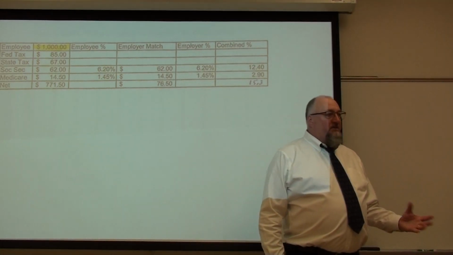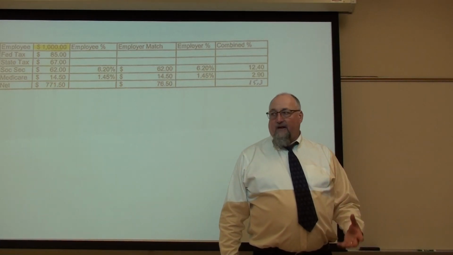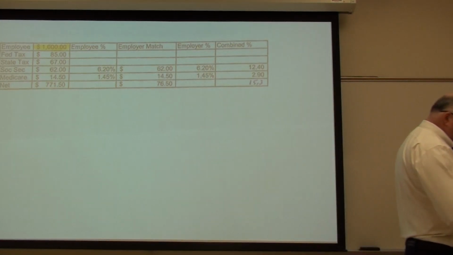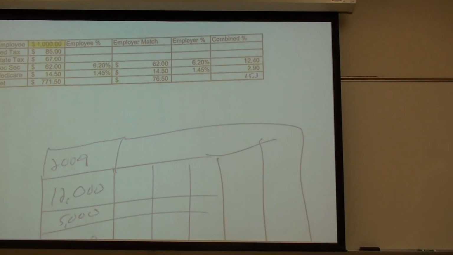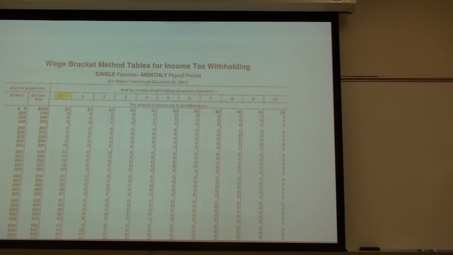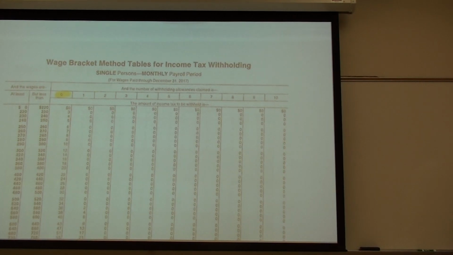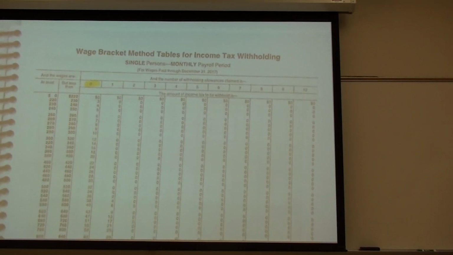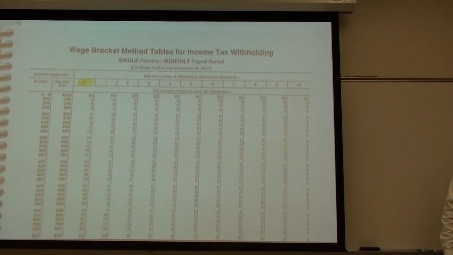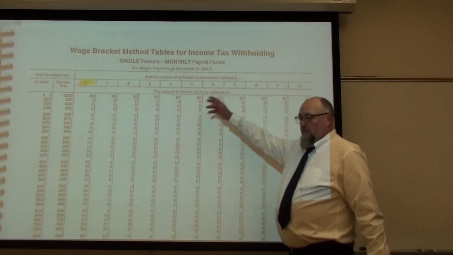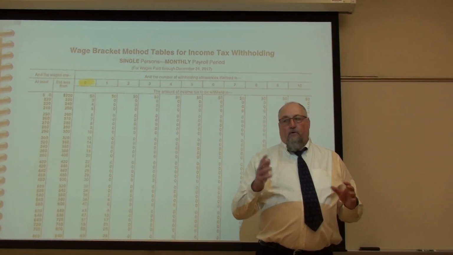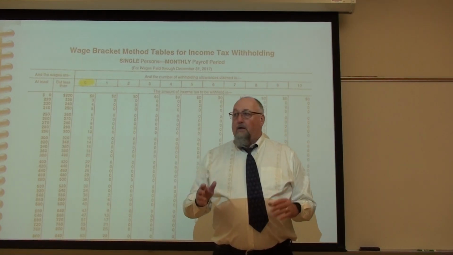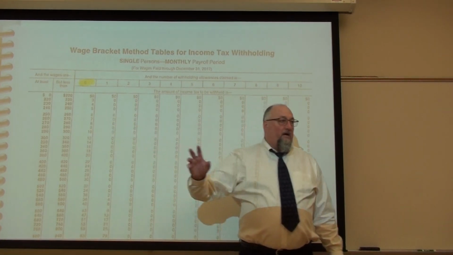Now, the amount of tax that you have to withhold will depend on various factors. And this will be determined by the employee telling you how many withholding exemptions they want to claim. So the way that this works is a person will fill out a W-4 form to tell you how many withholding allowances they want to take.